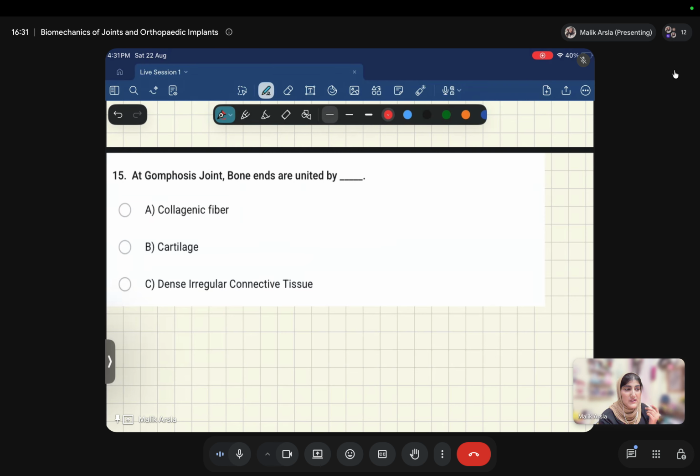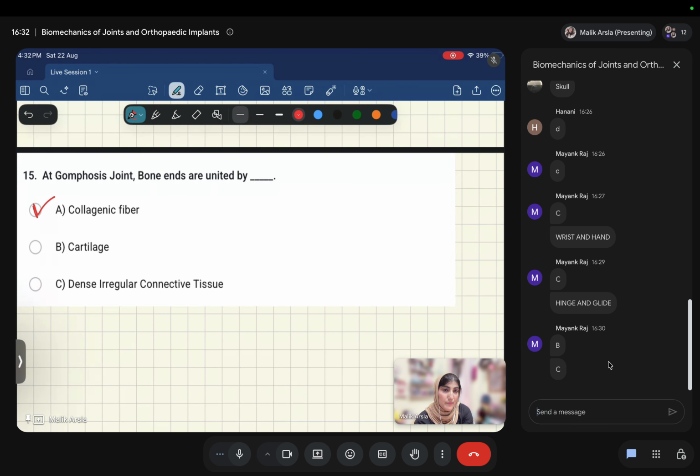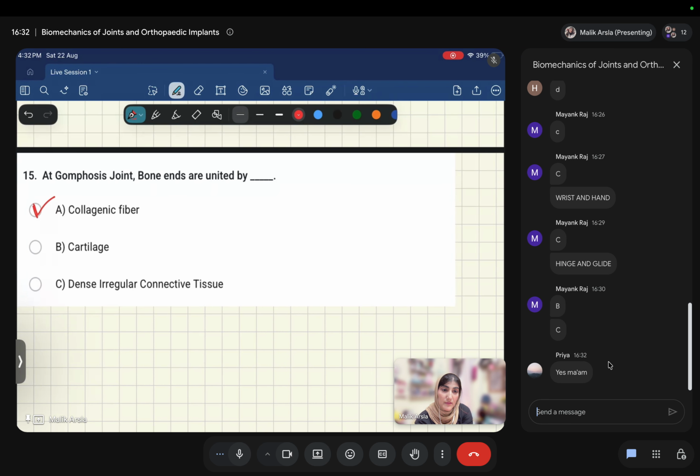So in this kind of joint, known as the gomphosis joint, the bone ends are united by these collagen fibers. So I think A is the correct option here. Is that clear, Mayank? Okay.